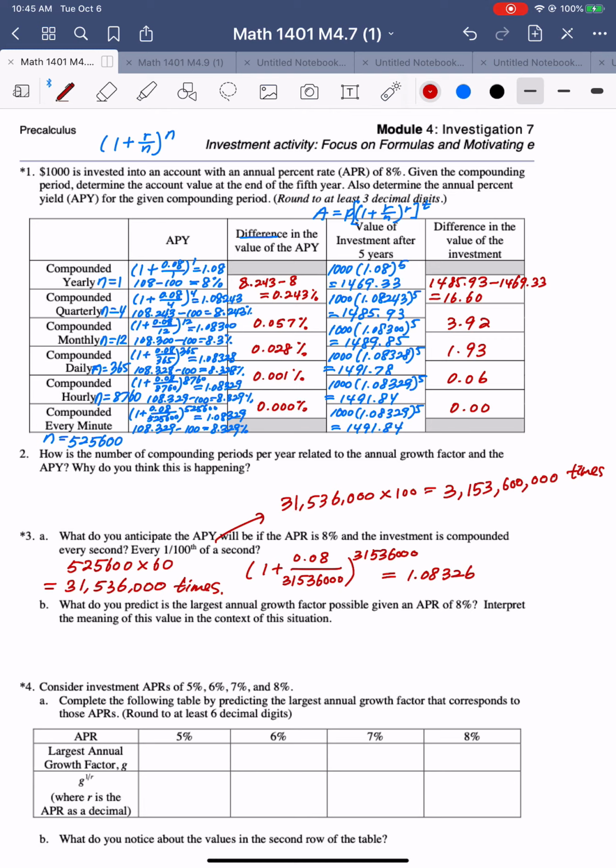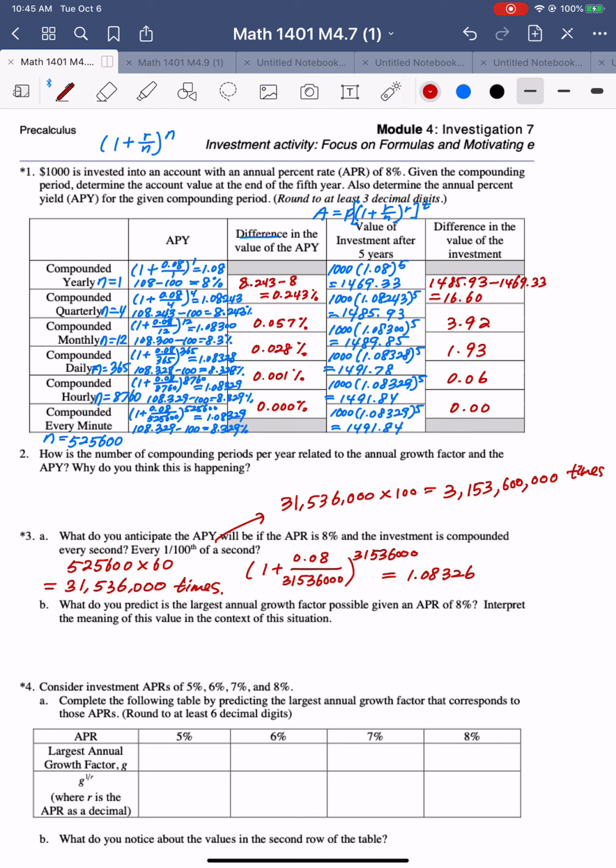Okay, so B, what do you predict is the largest annual growth factor possibly, given an APR of 8%? Interpret the meaning of this value in the context of this situation. So it appears that the largest APY is about 8.329%, and after we get into the seconds, it gets even smaller, right?